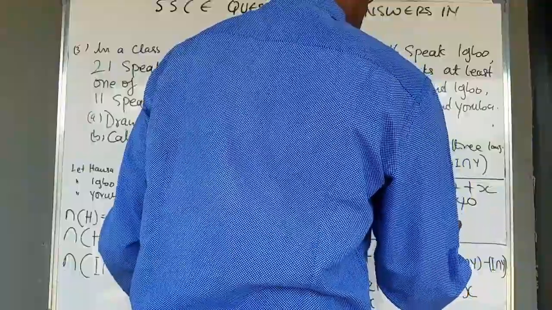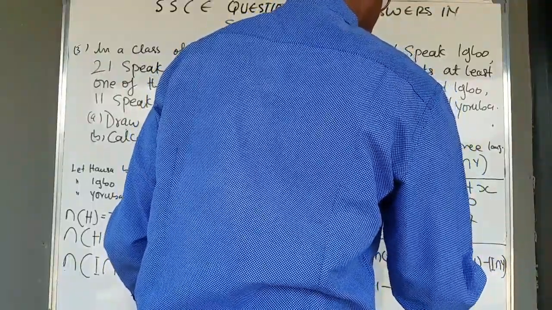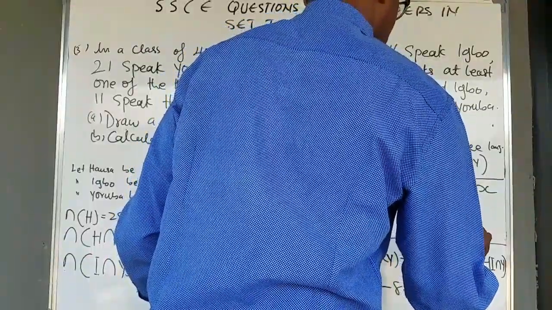Then that means X is equal to 40 minus 37. And X is equal to 3.